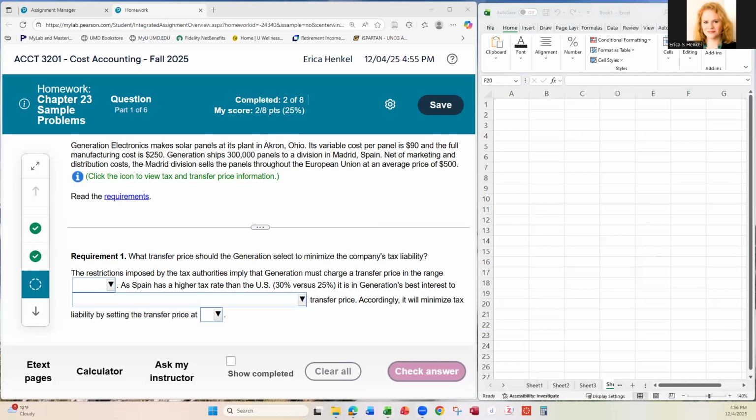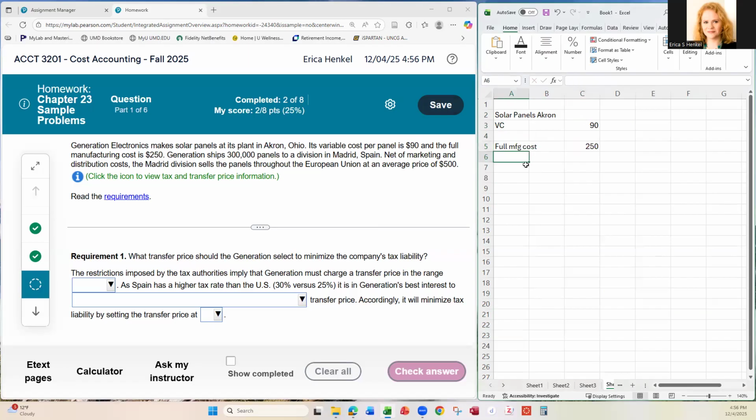Okay, so we've got Generation Electronics. They're going to make solar panels at their plant in Ohio, so in the US. Variable cost per panel is $90. Okay, so solar panels, Akron, variable cost is $90, and the full manufacturing cost is $250.